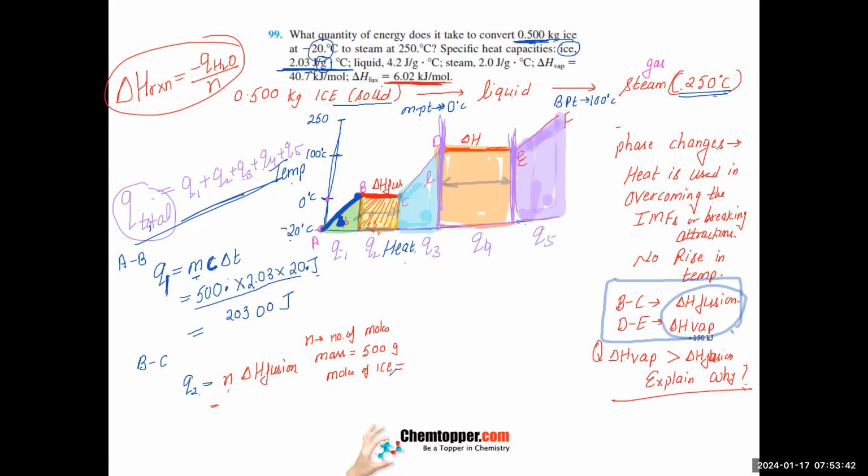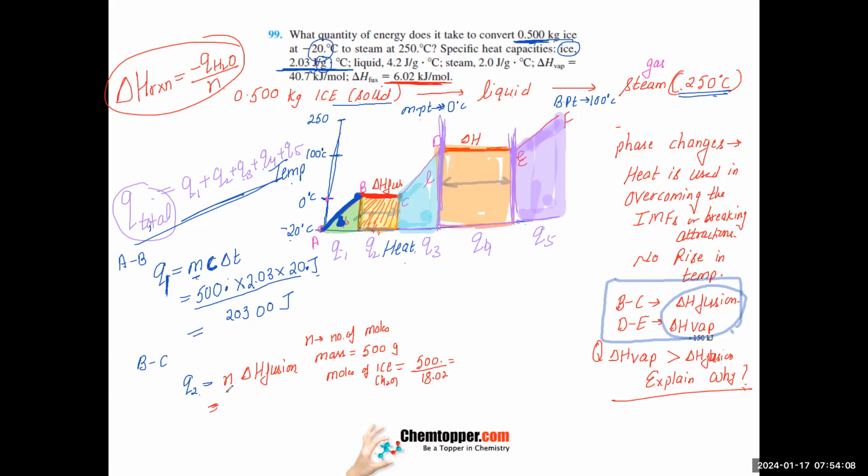Do you know the molar mass of ice, children? Molar mass of ice. Anyone? What's the molar mass of ice? Yeah, it's water. Ice is water. Very good, Lisa. 500 divided by 18.02. How much is this? These are the moles.